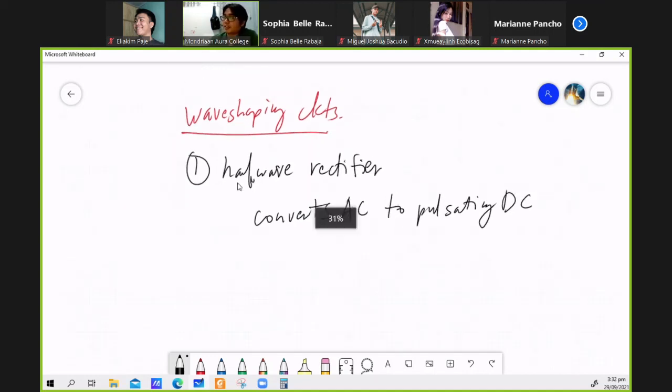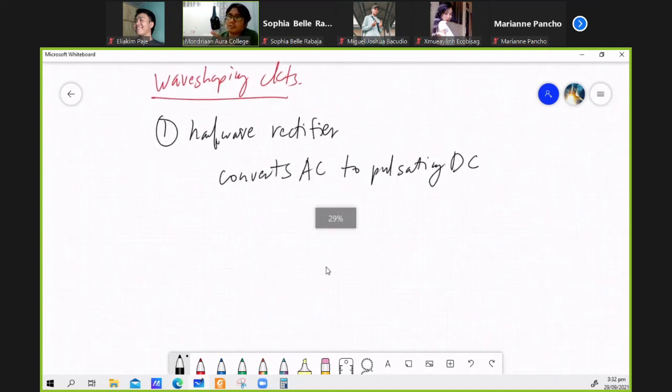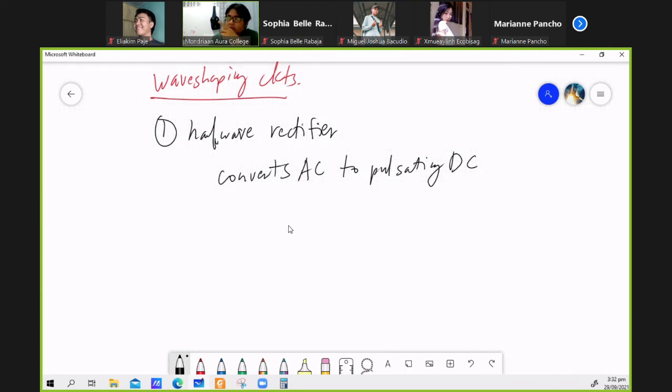For this discussion, ipapakita ko sa inyo yung model ng diode kapag siya ay ideal and if it is practical. And then papakita ko sa inyo later on yung tinatawag na piecewise linear tsaka yung simplified equivalent circuit ng diode. So half-wave rectifier muna tayo.